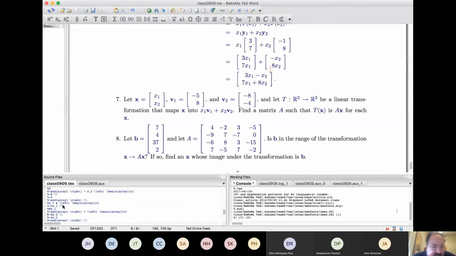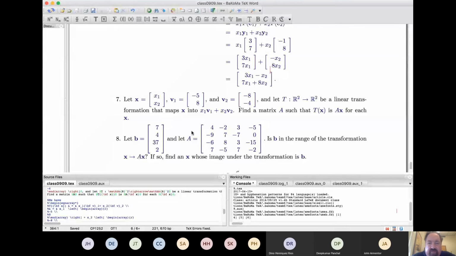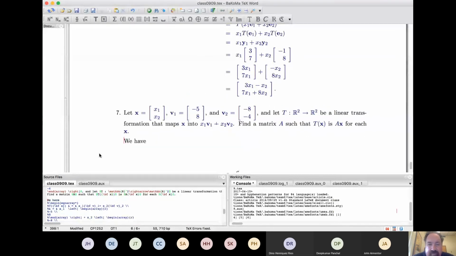Now it turns out this can be answered very quickly, but I want to show you how that answer is obtained so that you see why you can do it that quickly when you have a similar problem.